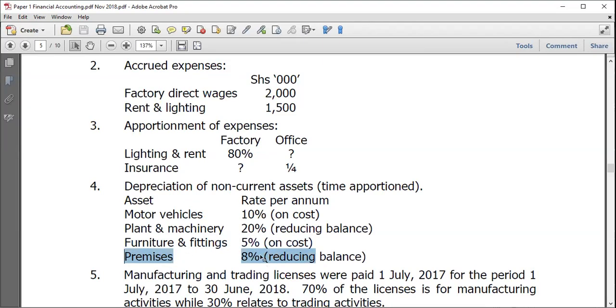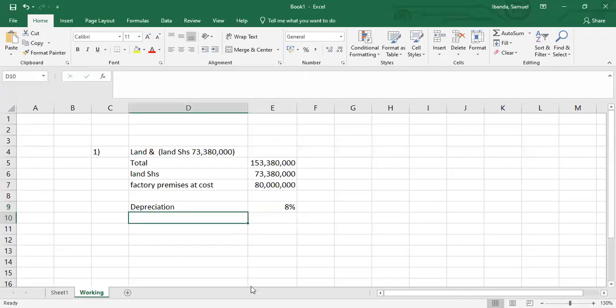So this is what the question says: factory premises are depreciated at 8% reducing balance method. So I'll pick my percentage, which is 8%. But they have told me it's at reducing balance method.